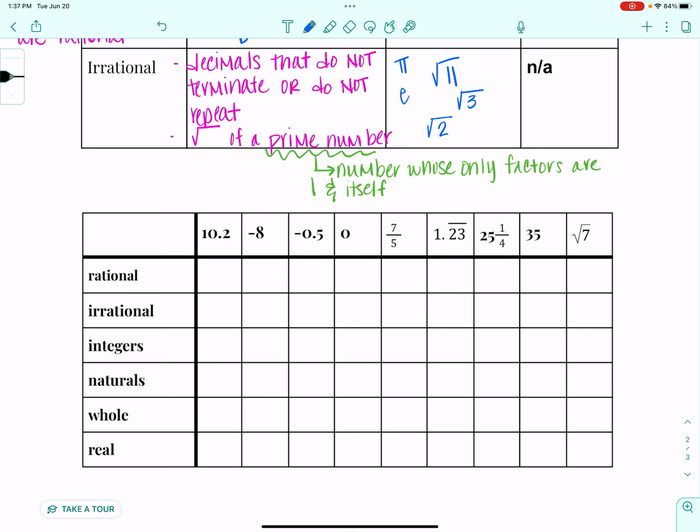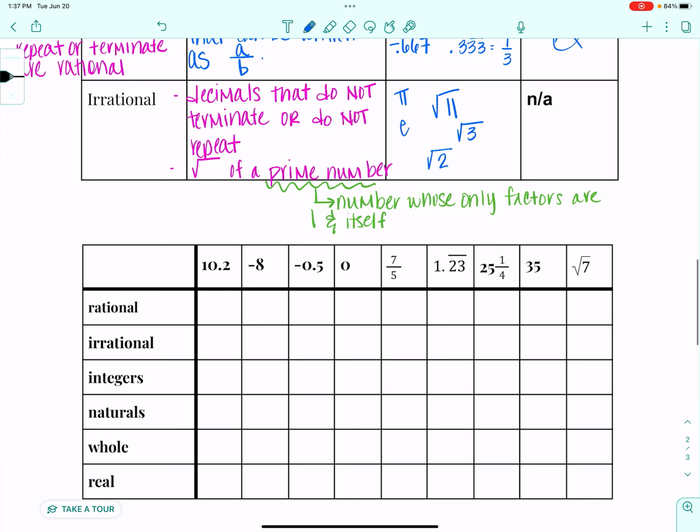If we look through these and we want the rational numbers, they are the fractions. Well, here's a fraction. Here is a mixed number. That's a fraction. The decimals that stop: well, 10.2 stops. 0.5 stops.